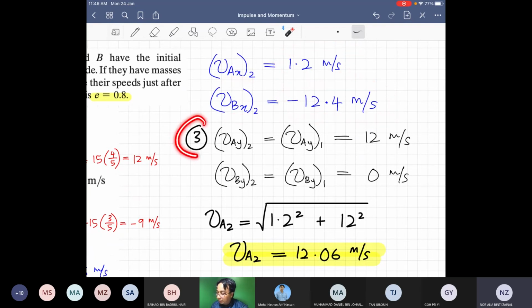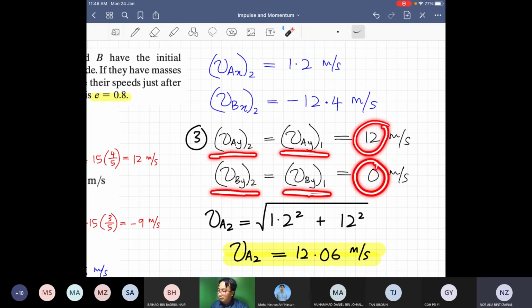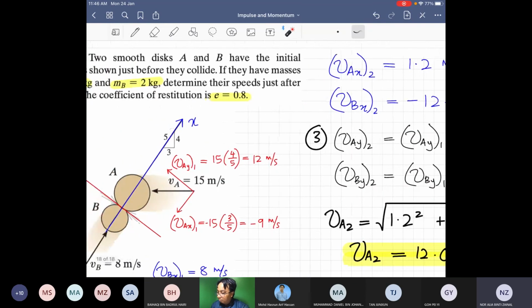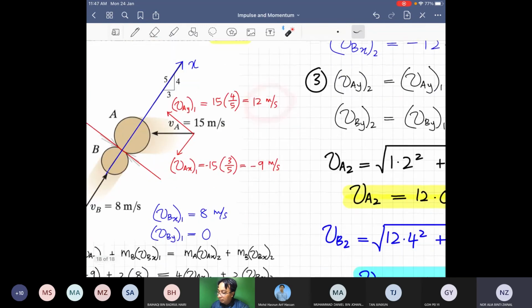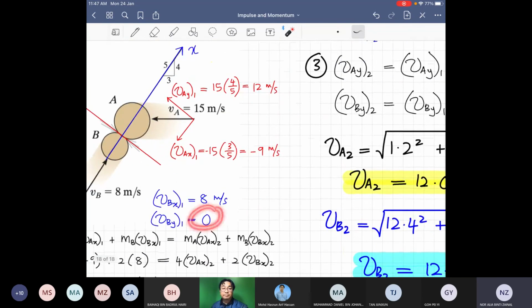Step ketiga barulah kita akan calculate what is in y-axis, dan based on analysis ataupun yang kita belajar tadi, VAY2 sama dengan VAY1. Sama juga VBY2 is also equal to VBY1. So you just get what the value is yang you dah cari at the beginning of solving the problem tadilah.